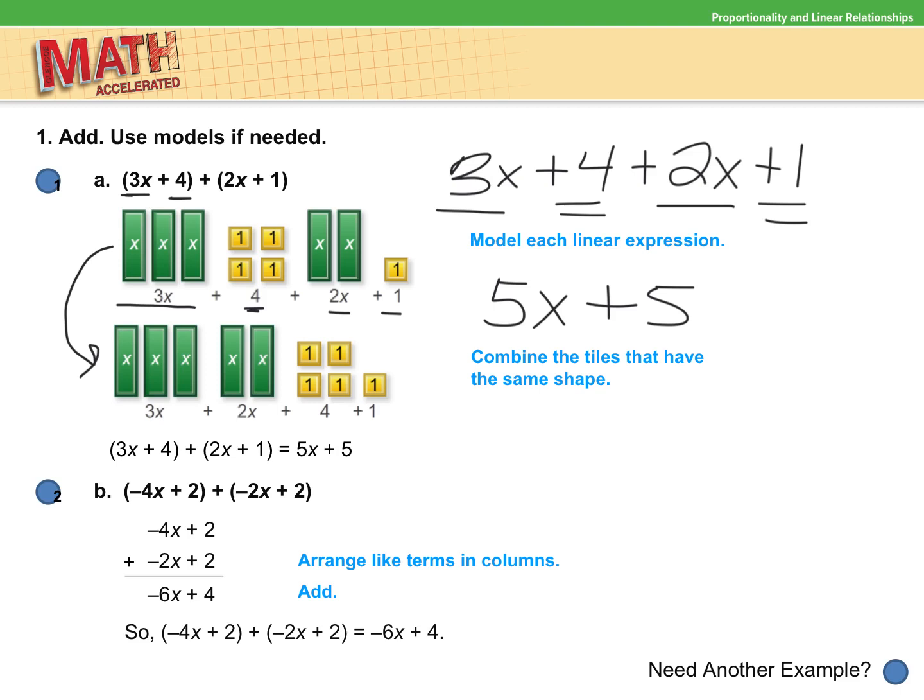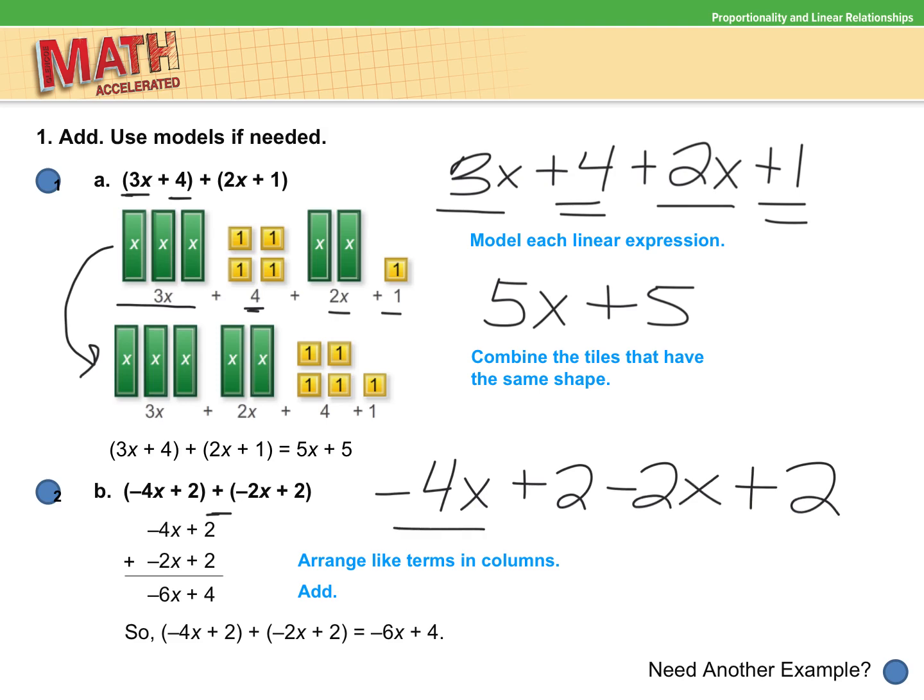So at B, what operation is being used between the parentheses? Addition. So can we just take the parentheses out? Yep, rewrite what you have. So we have negative 4x plus 2 minus 2x plus 2. What do we do from here?